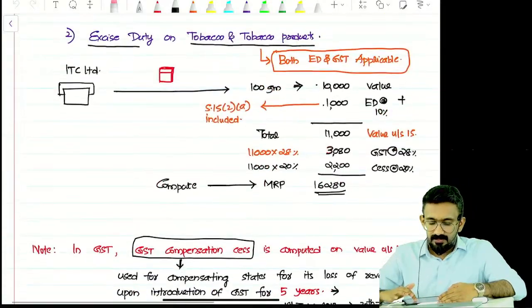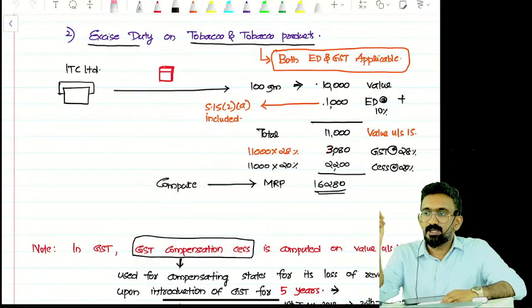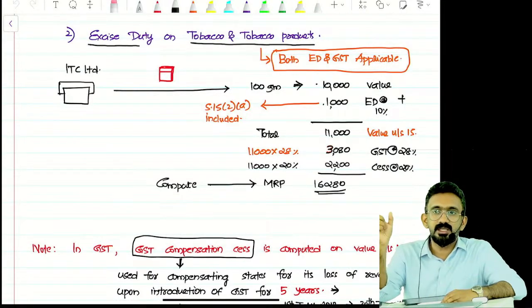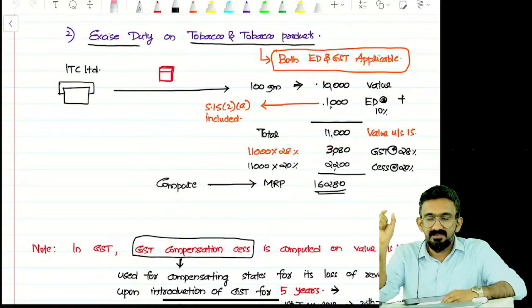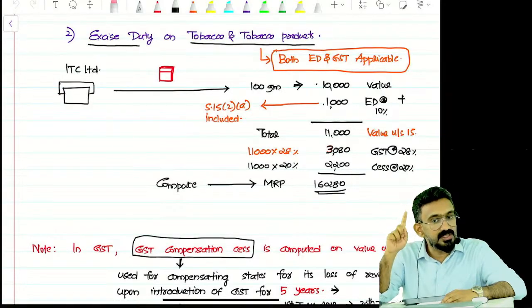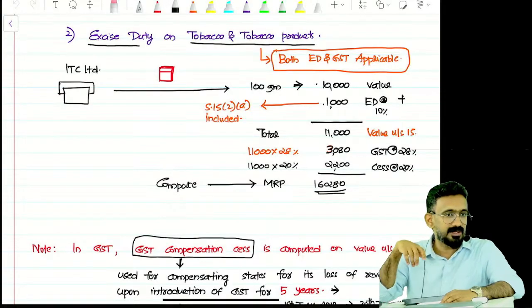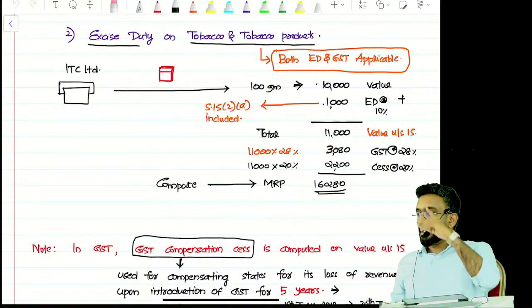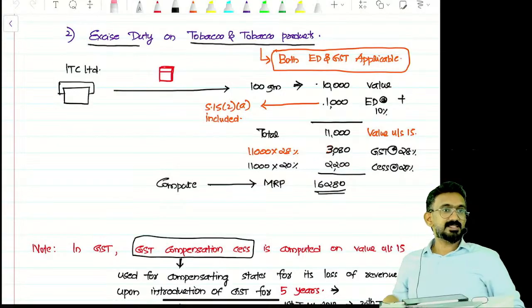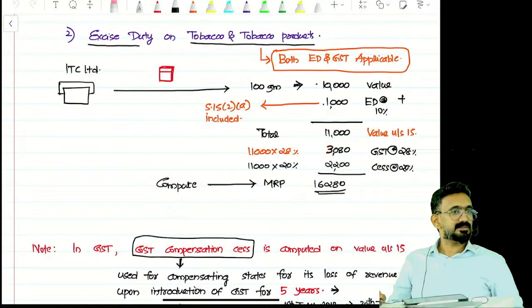Next question: when I have cess, will I compute it on the value including GST, or on the same value on which I computed GST? The same value. So for tobacco, if I have GST at 28% and cess at 20%, I can simply say the rate is 48%.